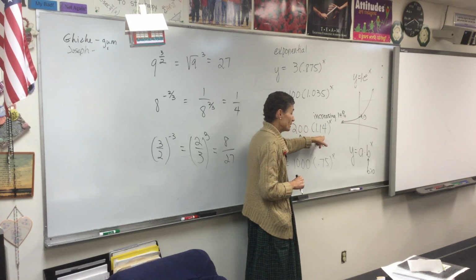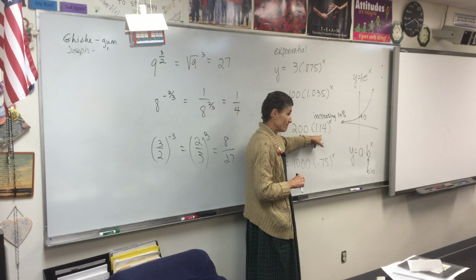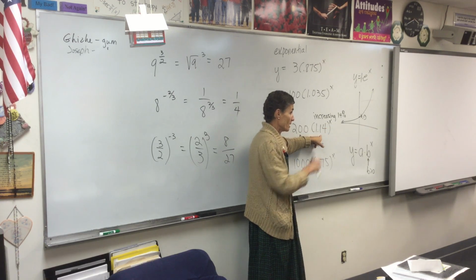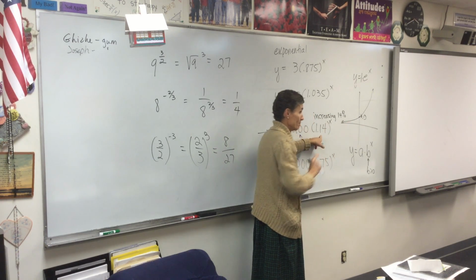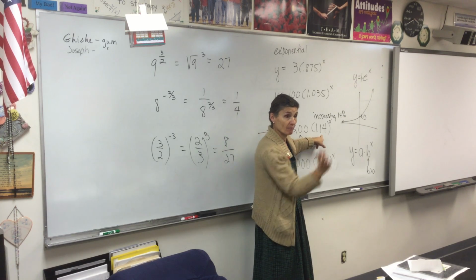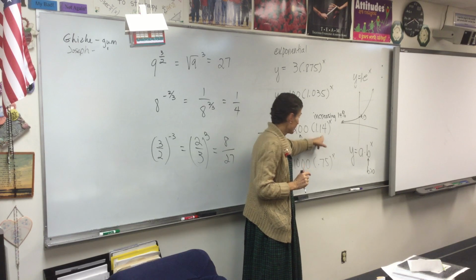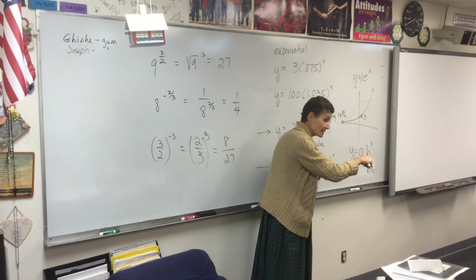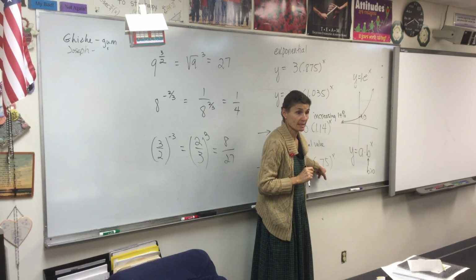Now look up here. This number was more than 1, right? How much more than 1? 14% more than 1. So this was an increase of 14%. This number is less than 1. How much less than 1?